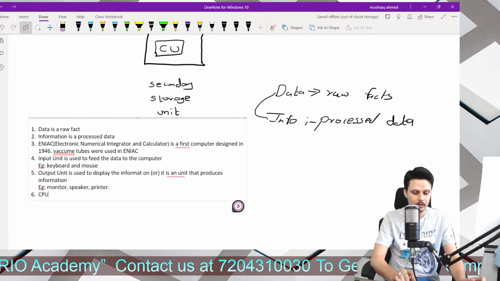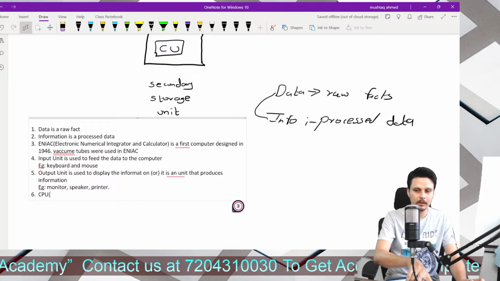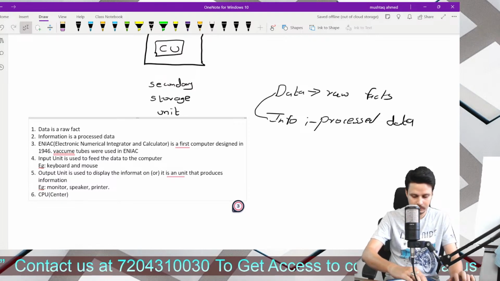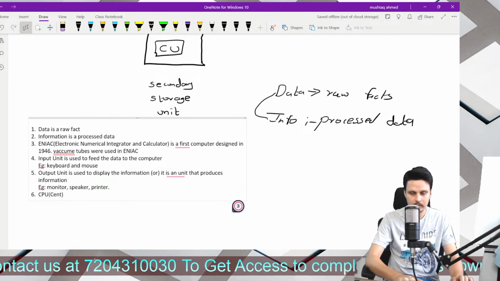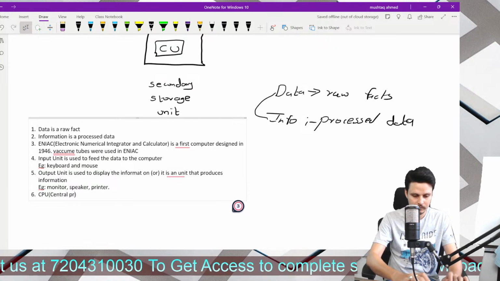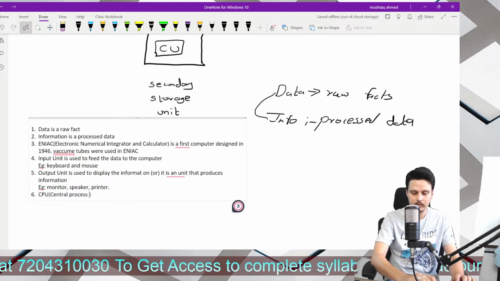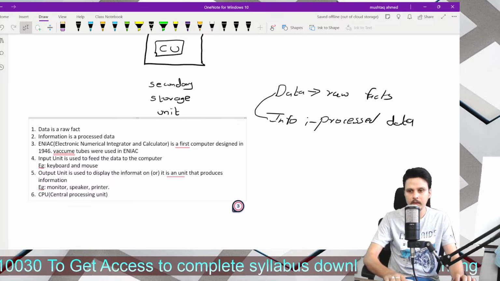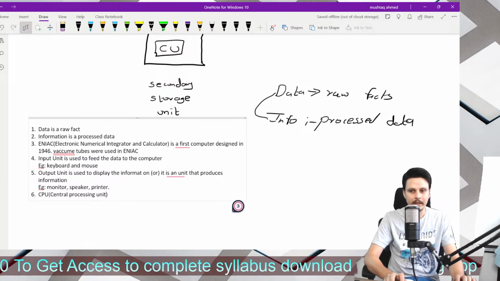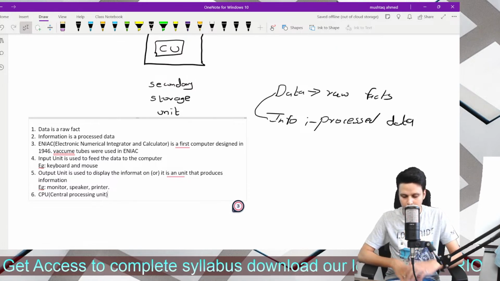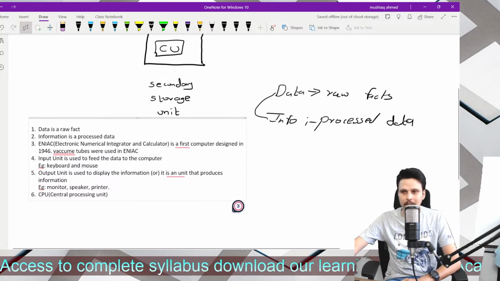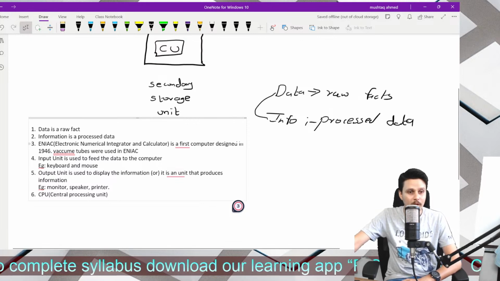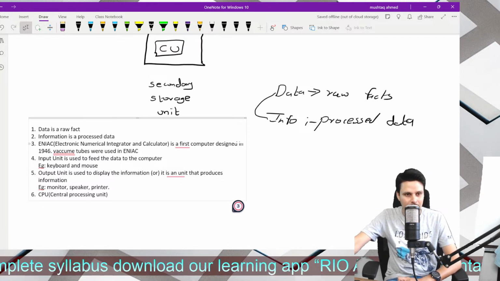The full form of CPU is central processing unit. So what do you mean by CPU? CPU is like the brain of the computer or heart of the computer. Without CPU, we cannot call it a computer.